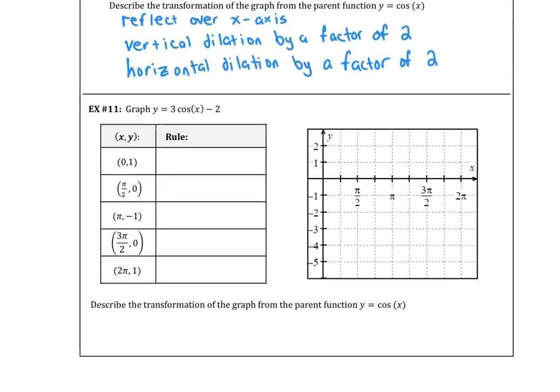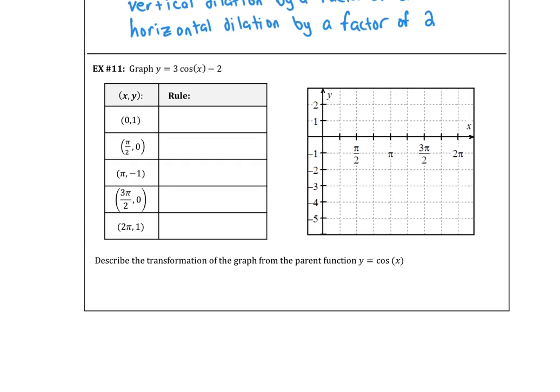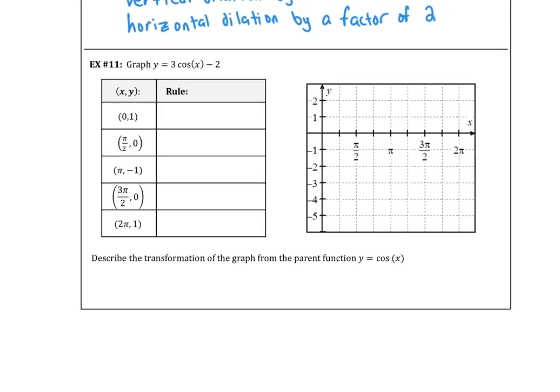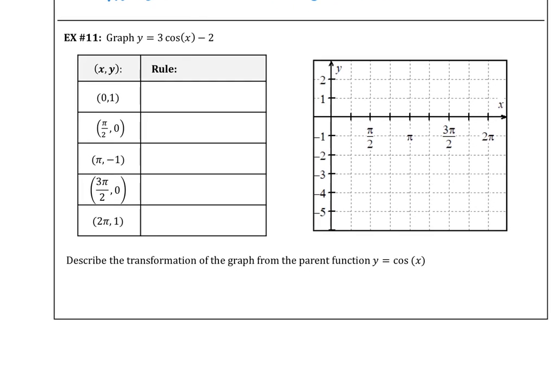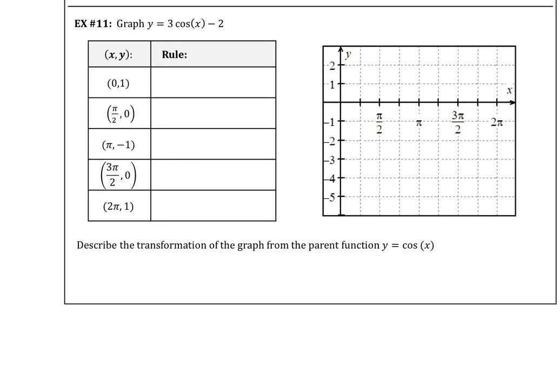So now if we look at the last example, we have 3 times the cosine of x minus 2. If we talk about the transformations that occurred here, the 3 out front, our amplitude, has now become a vertical dilation by a factor of 3.